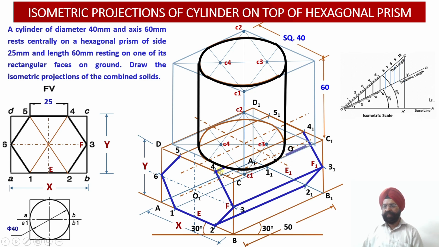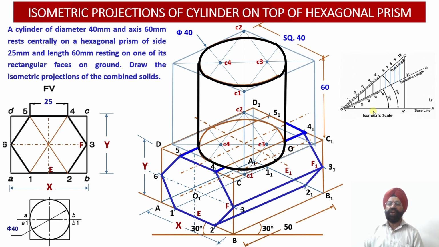So this portion we have darkened, this portion we have darkened, this portion we have darkened because this is visible to the observer and not covered by the cylinder. Similarly, this one and this one. So these have not been covered by the cylinder, they are visible to the observer. That's why the remaining edges of the hexagonal prism which are visible to the observer and not covered by the cylinder have been shown over here.